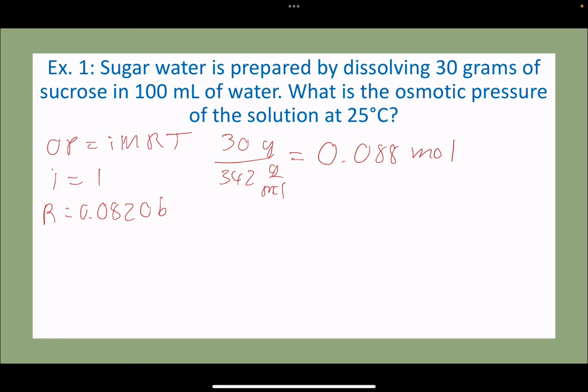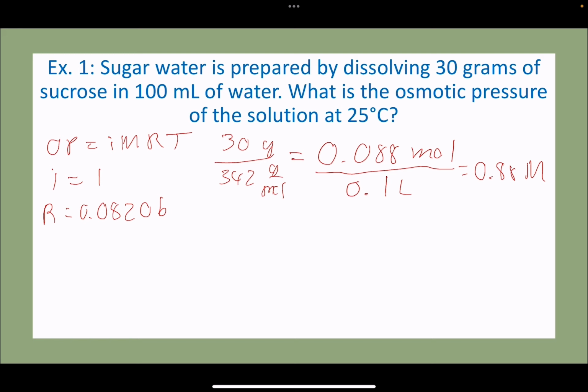This is then divided by the volume of solution as expressed in liters. 100 milliliters is equal to 0.1 liters. And 0.088 divided by 0.1 is equal to 0.88 moles per liter, or 0.88 M.